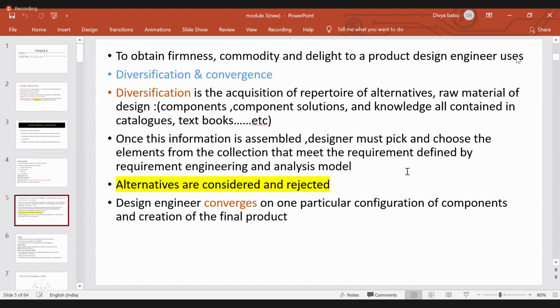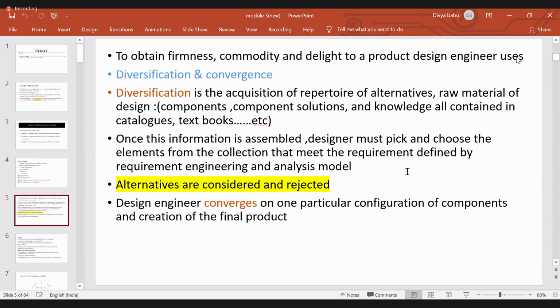We have the right to reject some models which are not relevant, even though you created them. So we have the option to accept and reject. So the design engineer converges on a particular configuration of components and creation of a file.